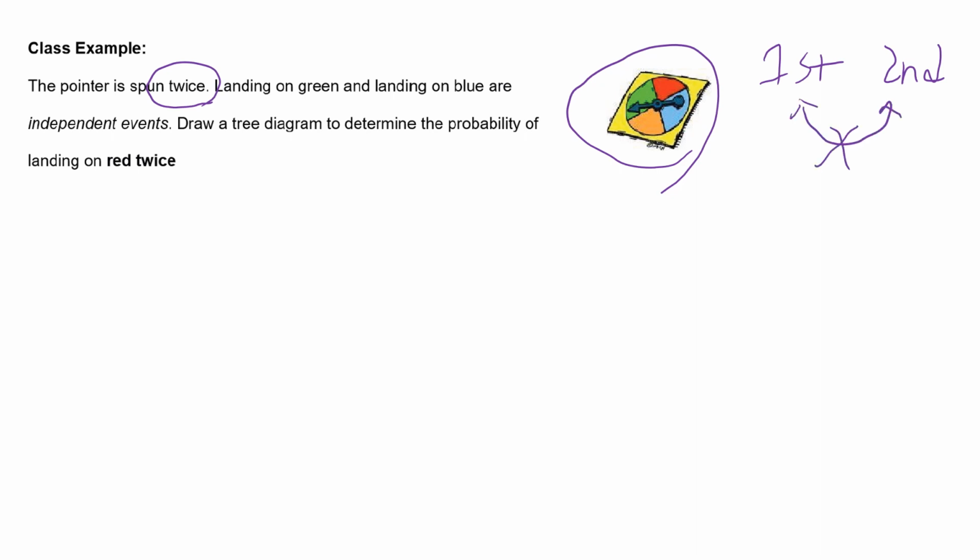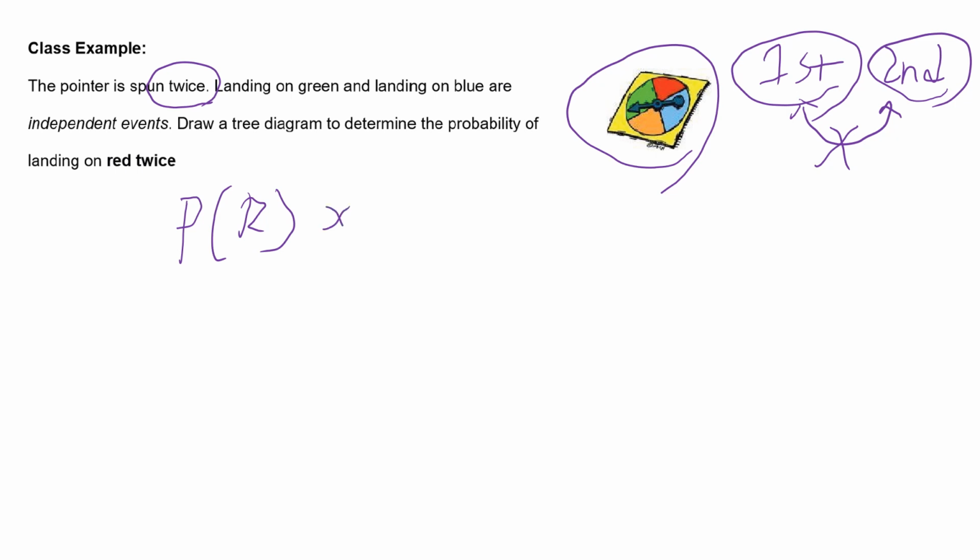The relationship does not exist. So that means I can find the ratio of the first one, the ratio of the second one, and actually combine them together. What I mean by that is the probability of red, and I'm gonna multiply it with another probability of red.